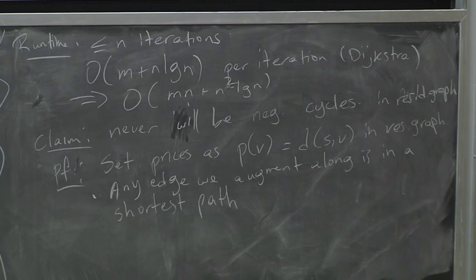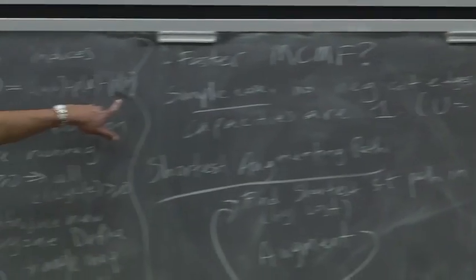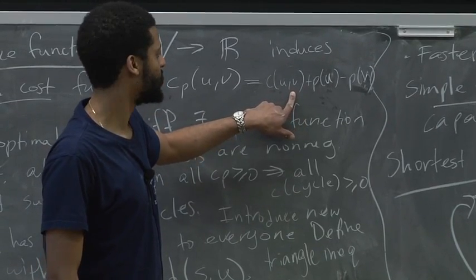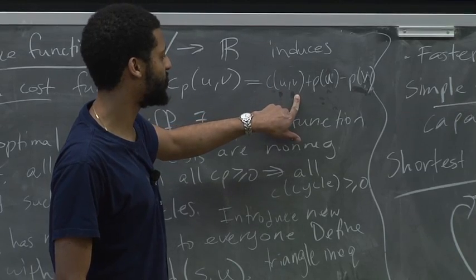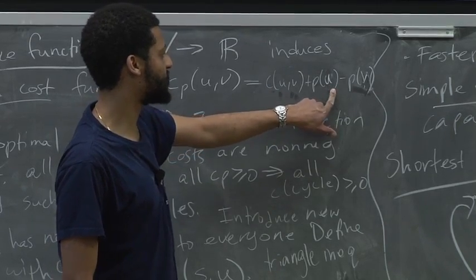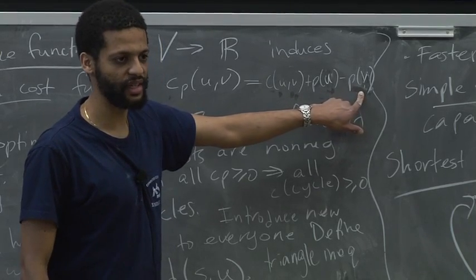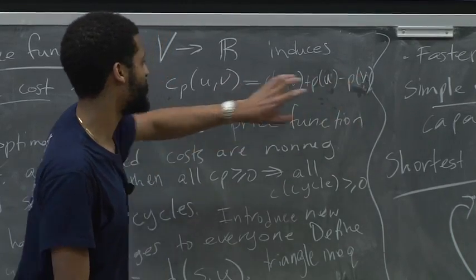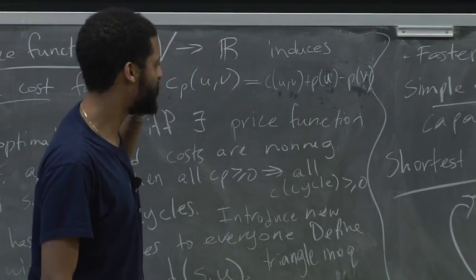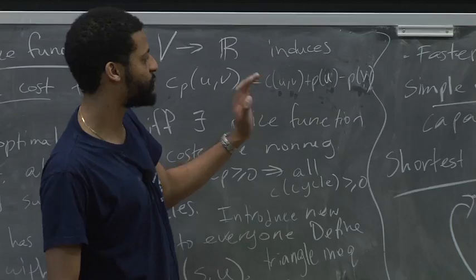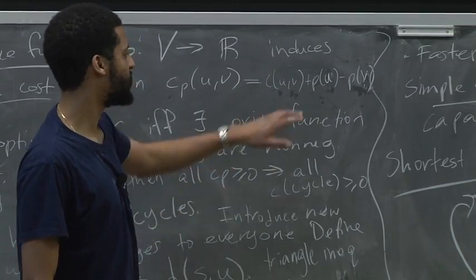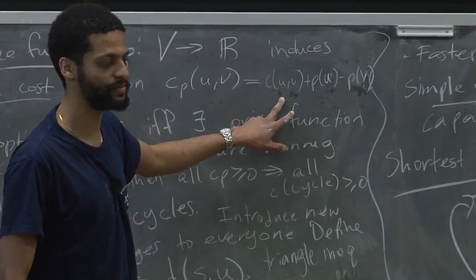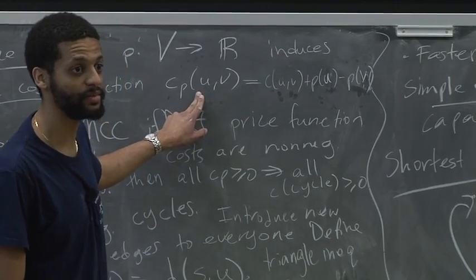And if an edge uv is part of a shortest path, that means that the weight of the edge uv plus the distance to u is equal to the distance to v. That's the property of shortest paths. So the reduced cost is 0.